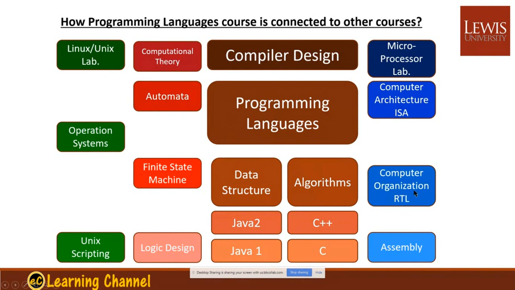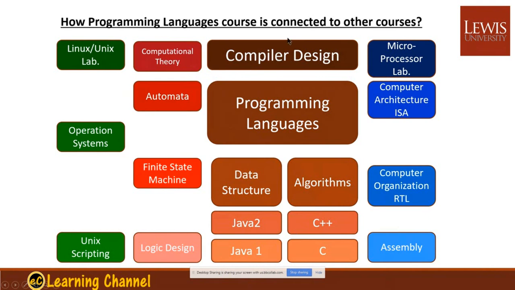You may learn assembly, computer organization, computer architecture, microprocessor lab, and this is one track. The second track is the computing track, the red one: logic design, finite state machine, automata, computational theory. And the third one is the software side. You have Unix scripting, operating systems, and Linux or Unix lab.